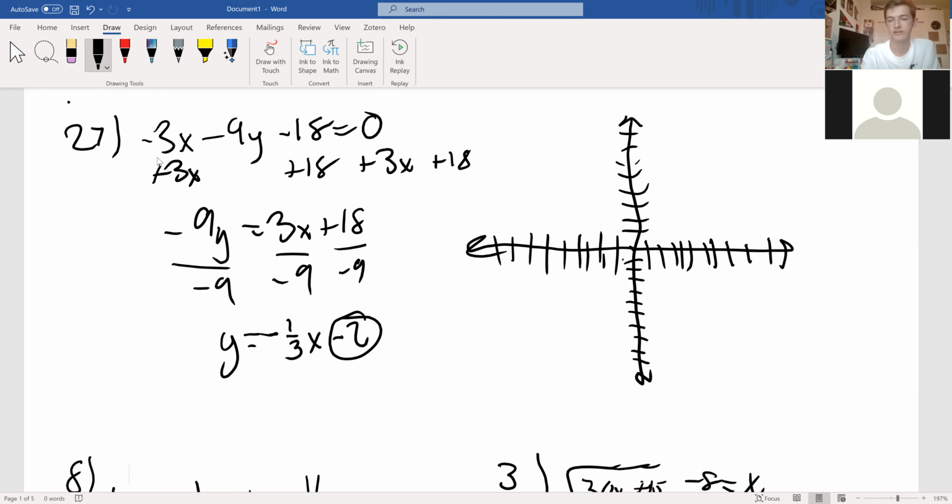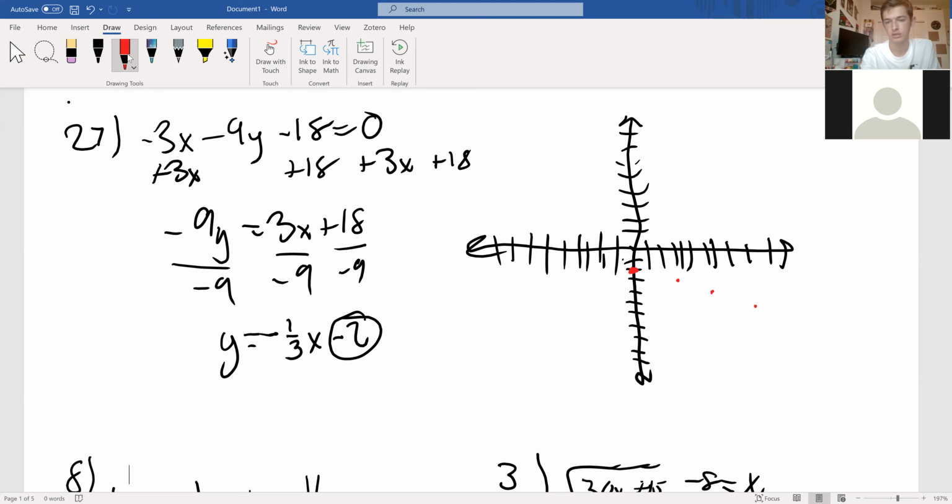So my constant negative 2, that tells me that it crosses the y-intercept right here. And then I'll just use my slope from there. So down 1 over 3, down 1 over 3, down 1 over 3. And then going the other way, I'll go up 1 to the left 3.